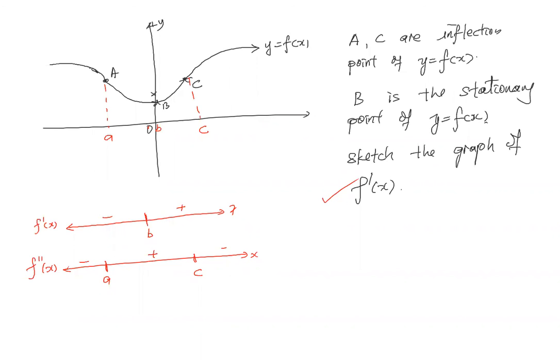So that means my f prime x graph based on this sign diagram will be below the x-axis, but it's going down. You see, going down, stationary, go up.